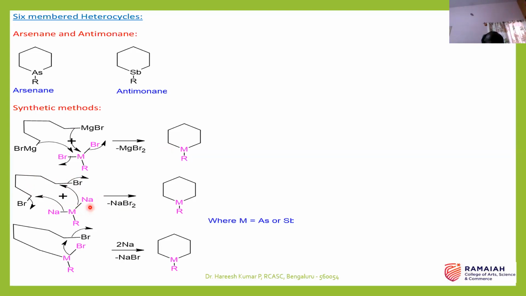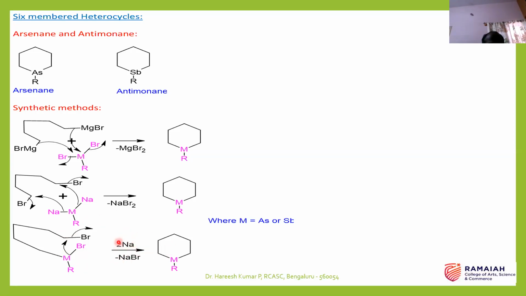So here there will be a new bond formation between the metal and this carbon, and these two will go out, and there will be a new bond formation between this metal and this carbon. These two will go out, forming a product like this. This is a reductive cyclization.